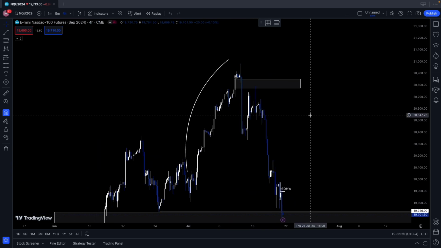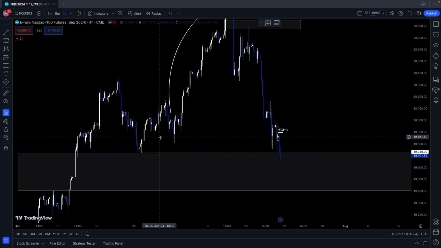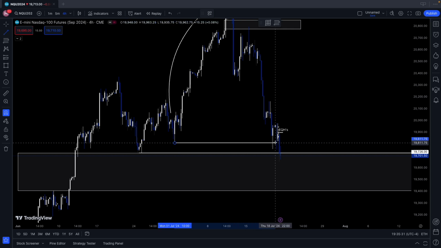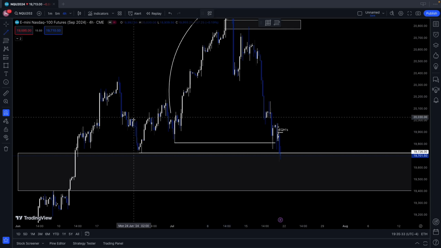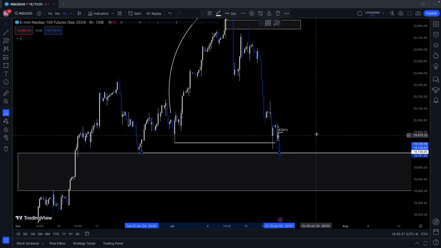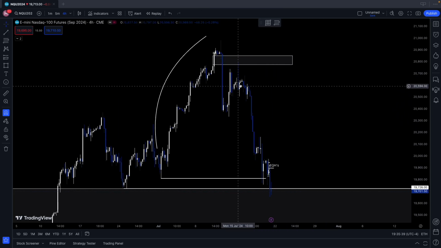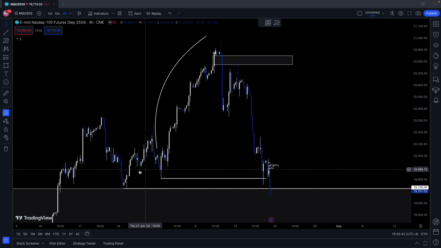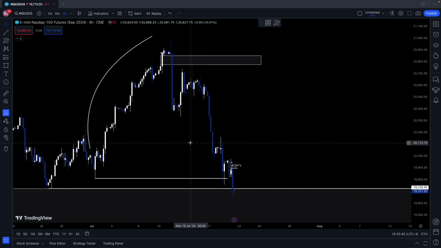So you do want to pair this with a higher time frame draw on liquidity. If you expect price to reach lower, as this is our draw on liquidity in the form of our external range sell side liquidity, you want to see price continue reaching lower, going from external to internal, all the way down to that draw on liquidity.